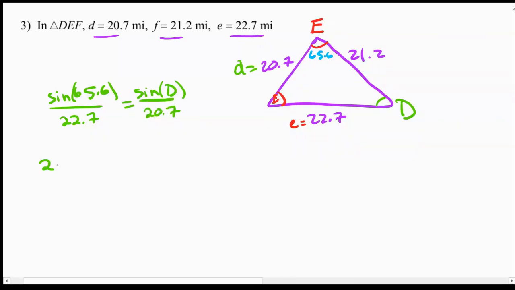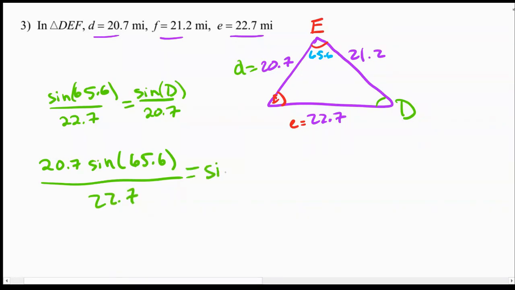So now I multiply 20.7 to both sides, sine of 65.6. As you get better at this, you'll be able to just plug this stuff into a calculator and not have to rewrite it 100 times, like I'm doing here, but it gets a little bit tedious, and I understand that.